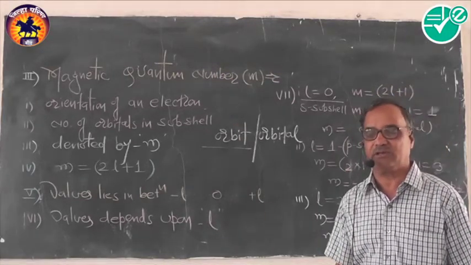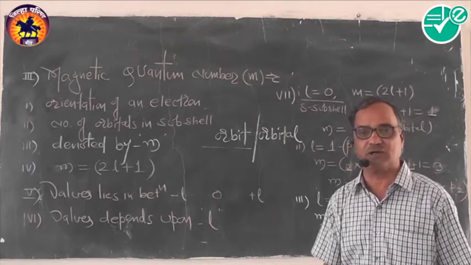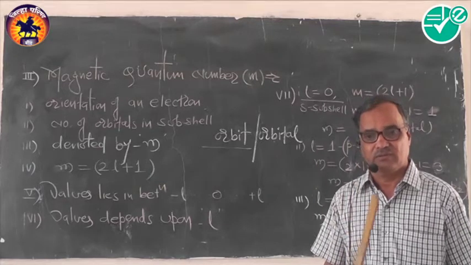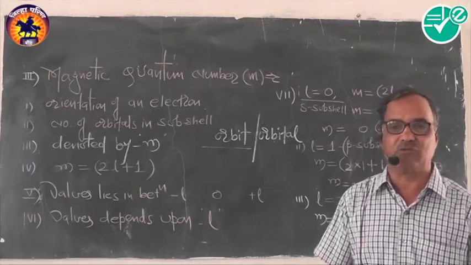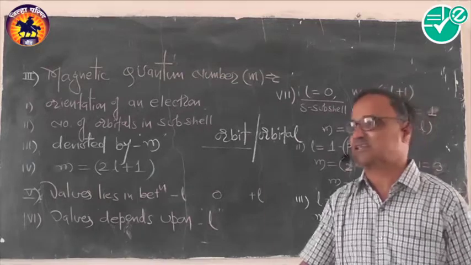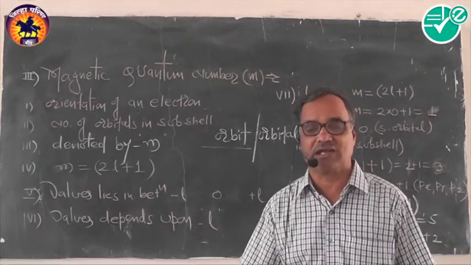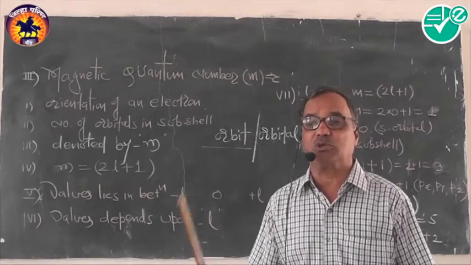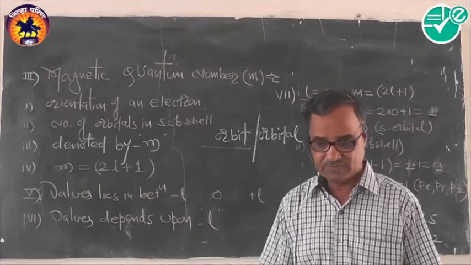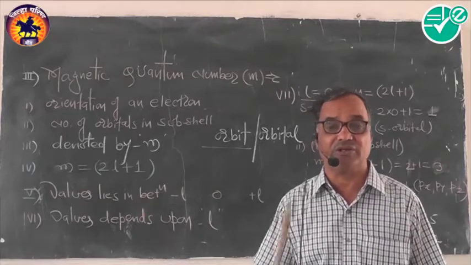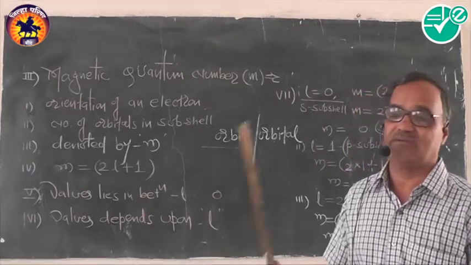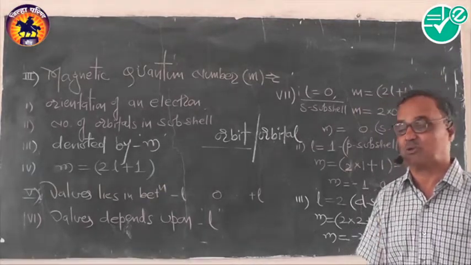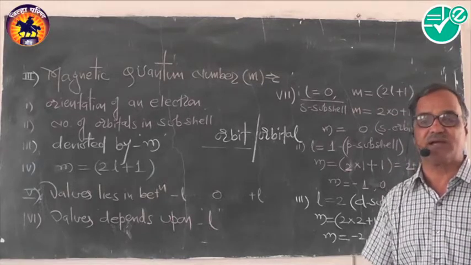The value l equal to 0 means s subshell. l equal to 1 represents p subshell or p sub-energy level. l equal to 2 denotes d sub-energy level or d subshell, and l equal to 3 denotes f sub-energy level.